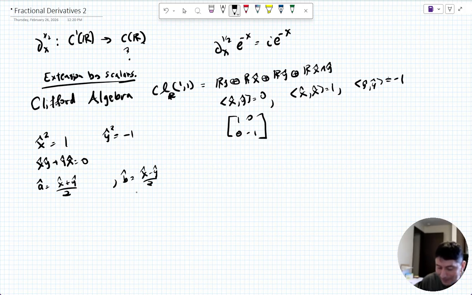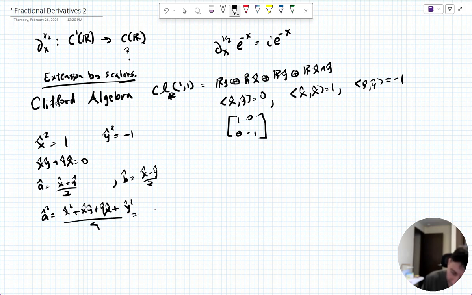And the nice thing about the A and B operators is the following: A squared is equal to x squared plus xy plus yx plus y squared, divided by 4. So this part is 0, equal to (1 minus 1) over 4, which is equal to 0. Similarly, B squared is going to be equal to 0 as well.